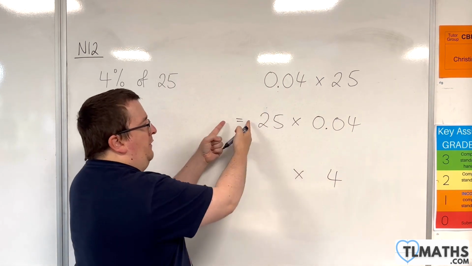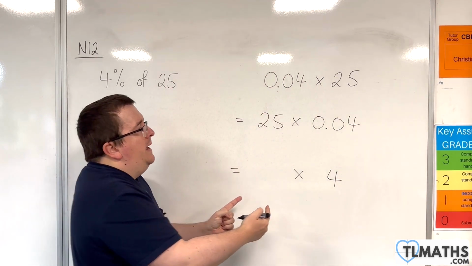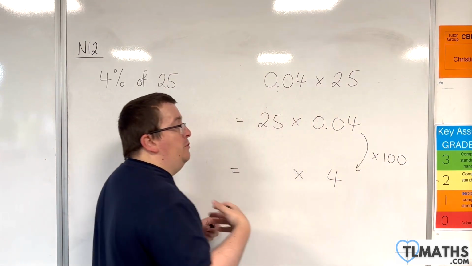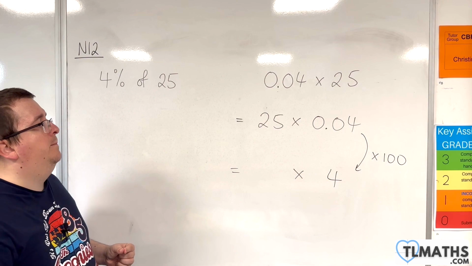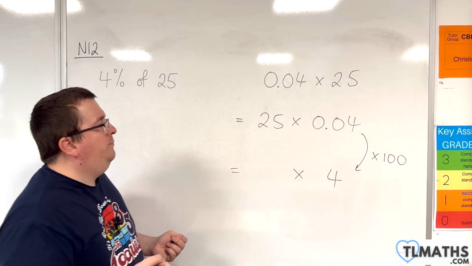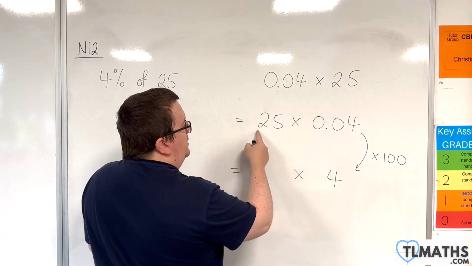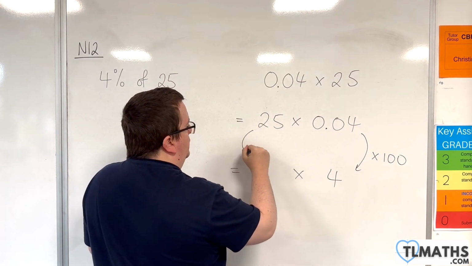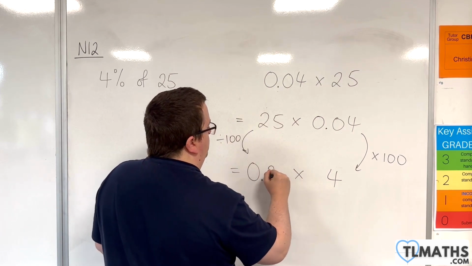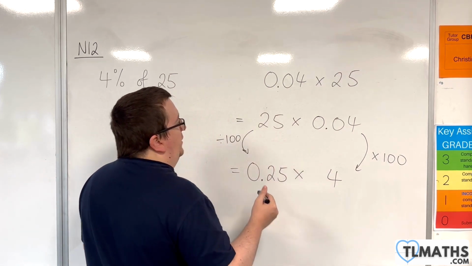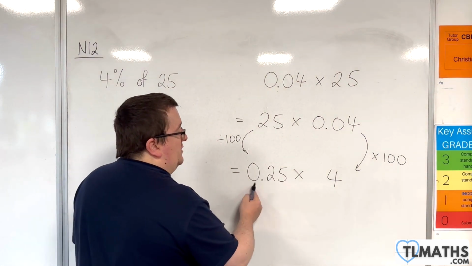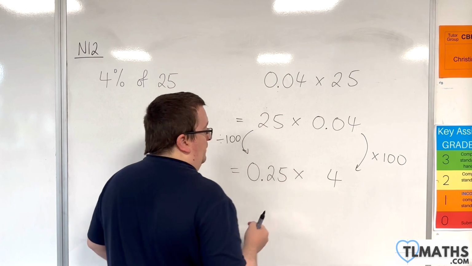But in order for this line to be the same as this line, if I've multiplied this by 100, I would have to also divide by 100 somewhere in order to make it the same amount. So if I divide 25 by 100, I would get 0.25. So 25 times 0.04 is the same as 0.25 times 4.